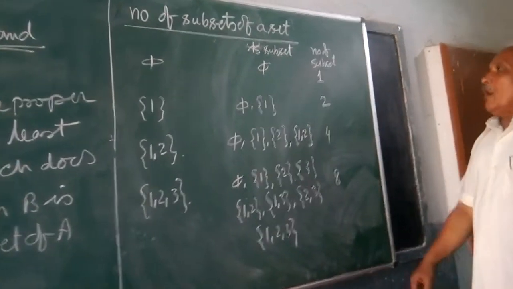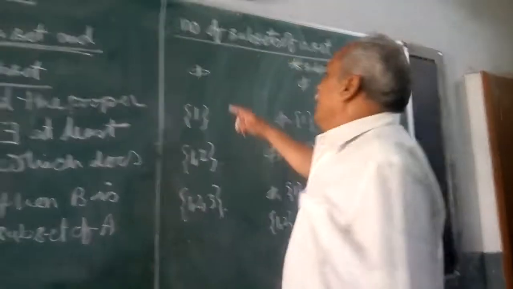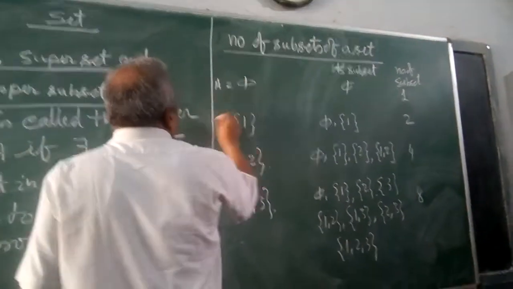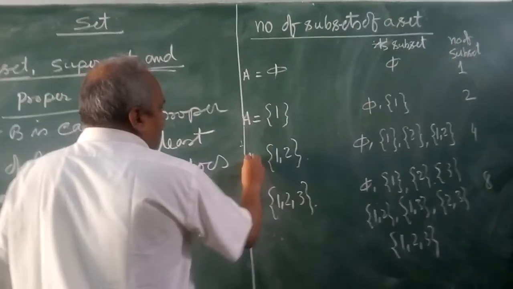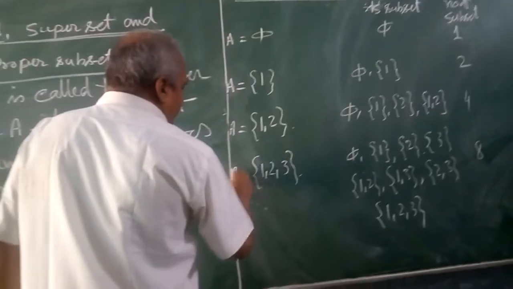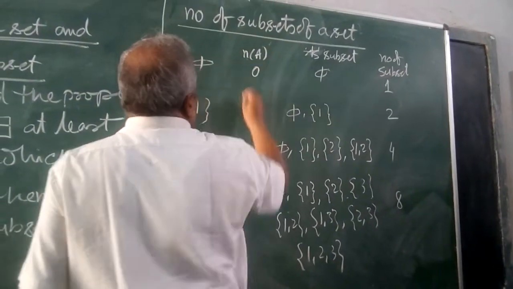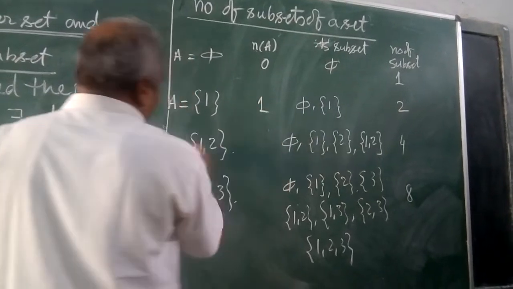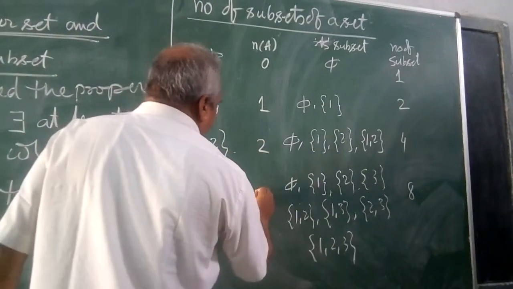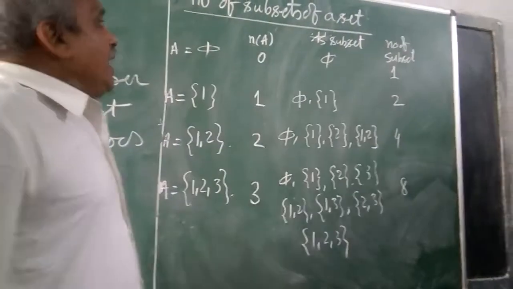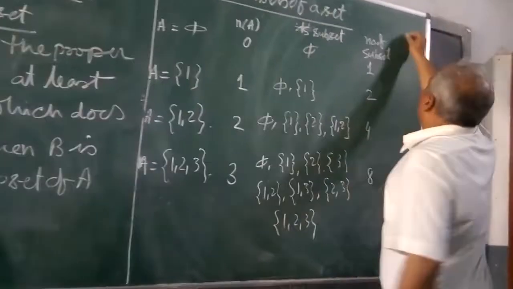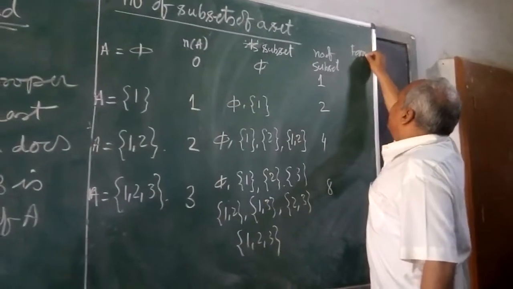Okay, now you can see here. If we call it A, then number of A equal to what? 0. Number of A equal to 1, number of A equal to 2, number of A equal to 3. Now this one formula, see here, how we can generalize it.